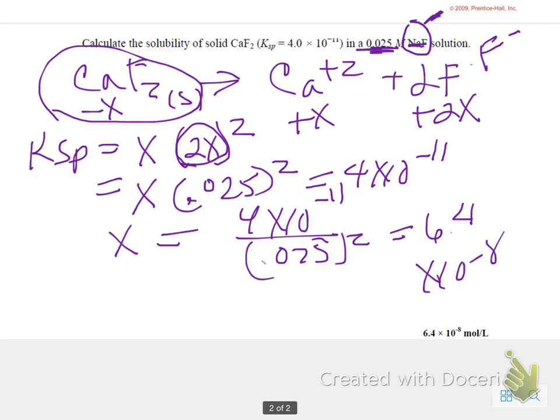Let me calculate that. 4 divided by 0.025 squared. So it's 6.4 times 10 to the minus 8th. It's going to be my molar solubility. Okay, we're going to stop right there.